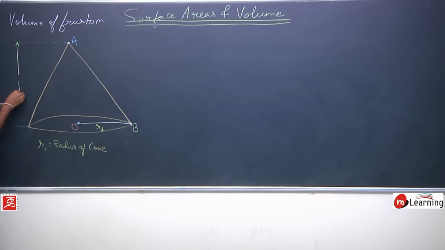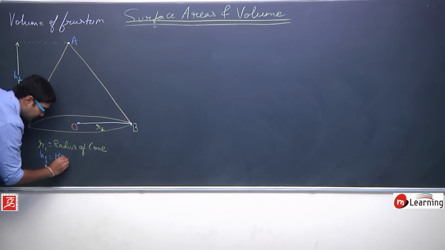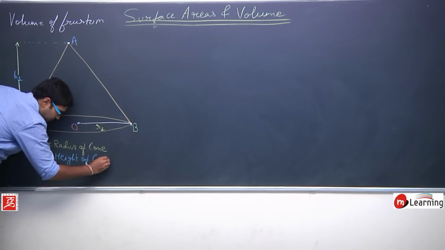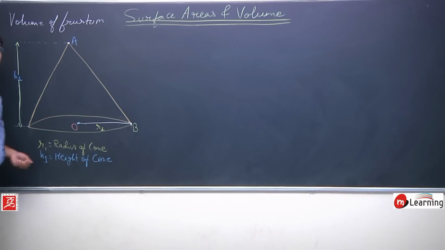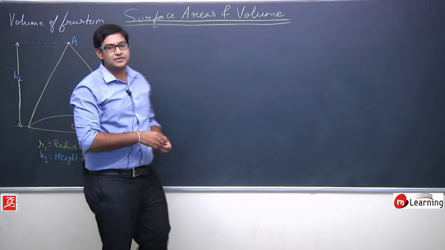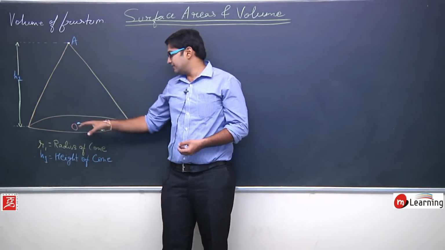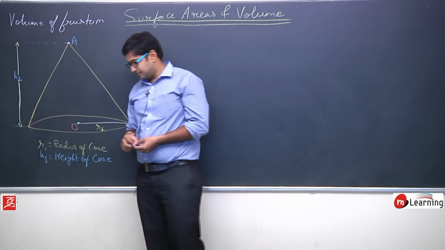The distance from the apex to the base of the cone represents the height, and let us say the height of this cone is h1. So h1 represents the height of this cone. Okay, so we have defined the height and we have defined the radius.